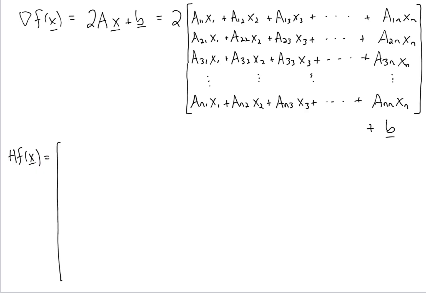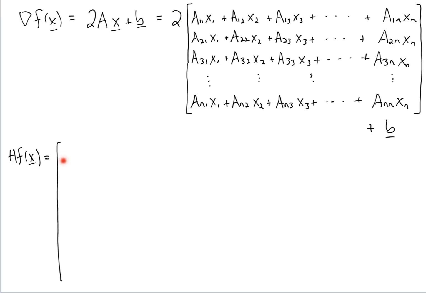Now first note, this b is a constant. There is no appearance of any of the x terms in this b. So when we take second order partial derivatives, they come from this vector here, 2 times Ax. So for instance, the first entry here, we have the partial derivative of f with respect to x1, just from the definition of the gradient.